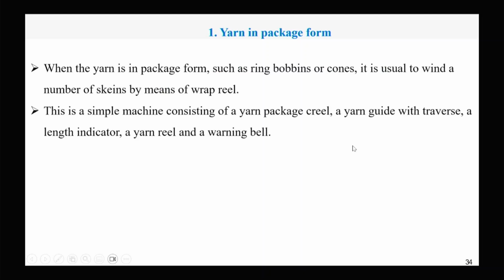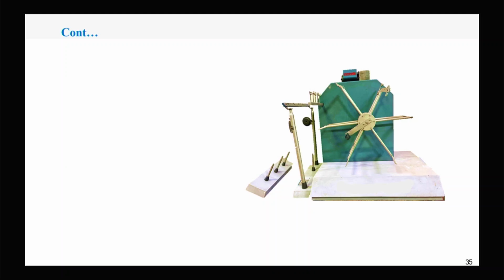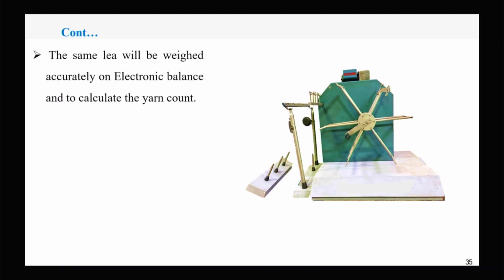For yarn in package form, we take out the yarn and form the lea of 120 yards using the wrap reel, then take the mass and convert it to count.